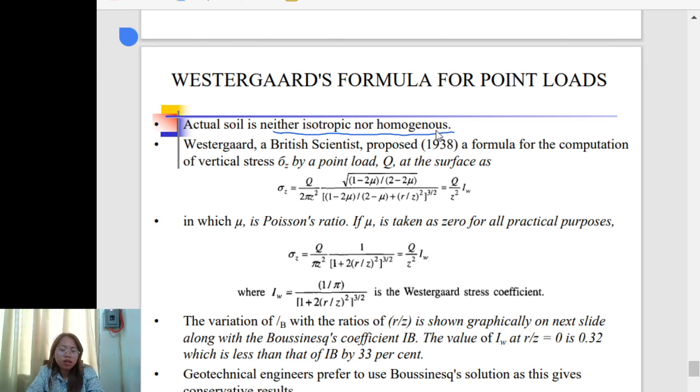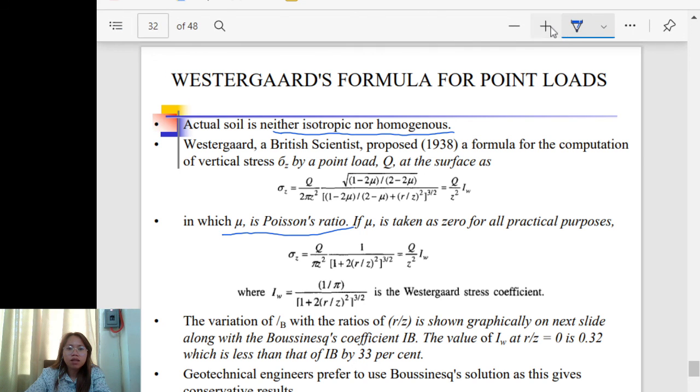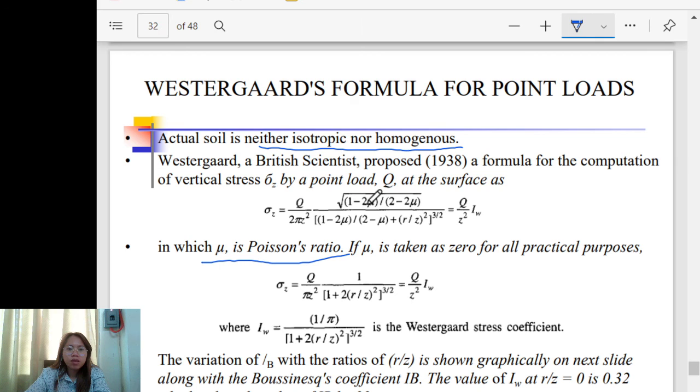That's why he proposes u, which is the Poisson's ratio, in the formula. Because soil is neither isotropic nor homogeneous, right?